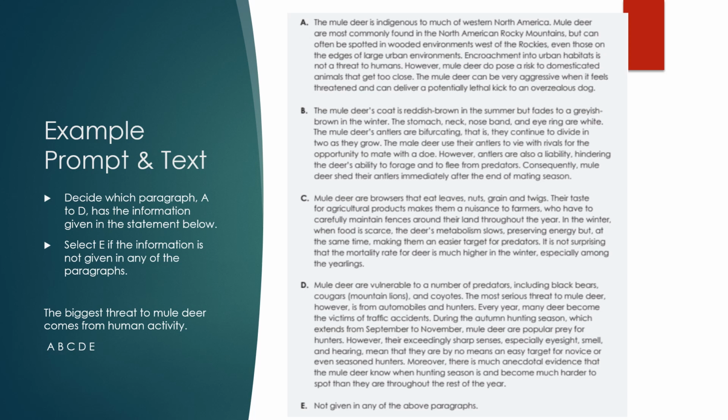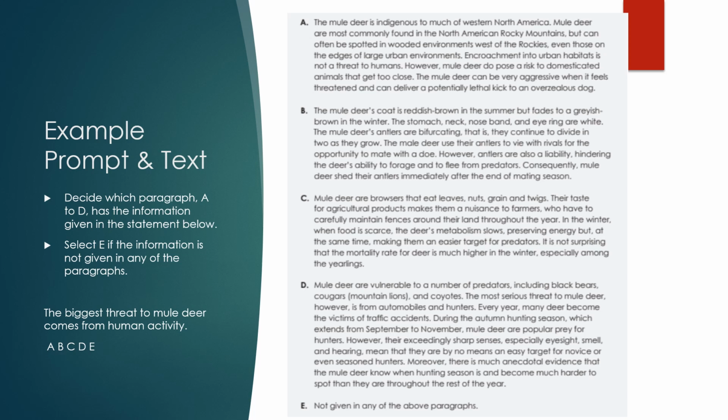Let's move to paragraph C. Mule deer are browsers that eat leaves, nuts, grains, and twigs. Farmers have to carefully maintain fences around their land throughout the year, in the winter when food is scarce.